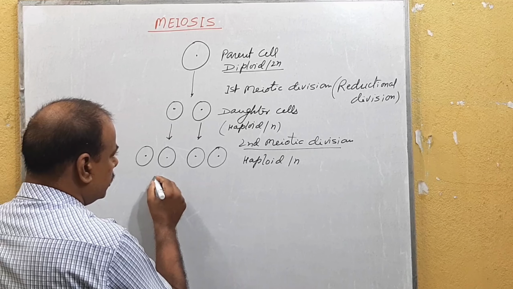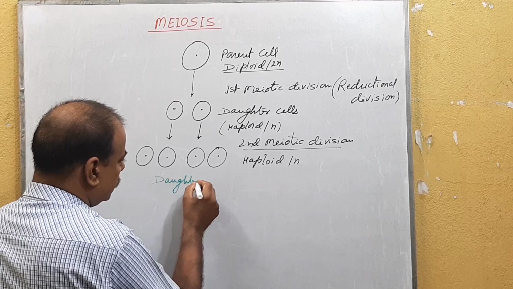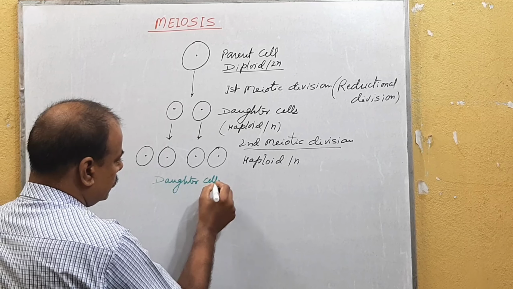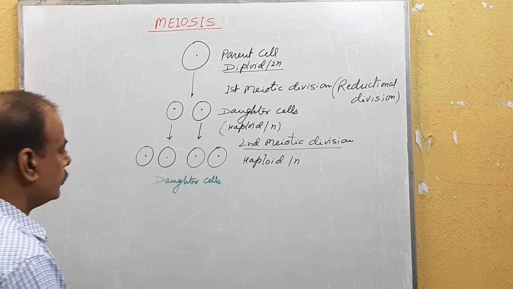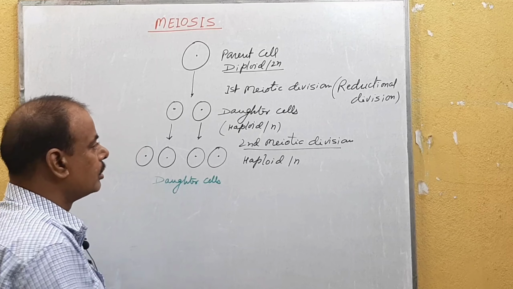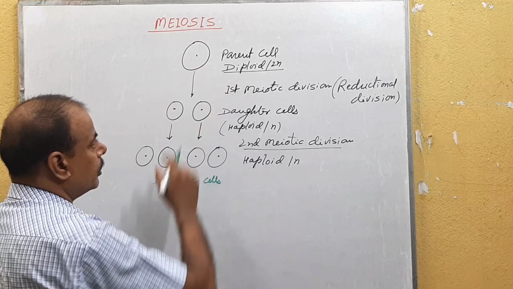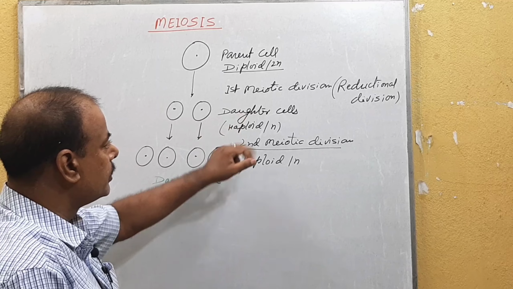These are the 4 daughter cells which are formed from one parent cell after 2 meiotic divisions.